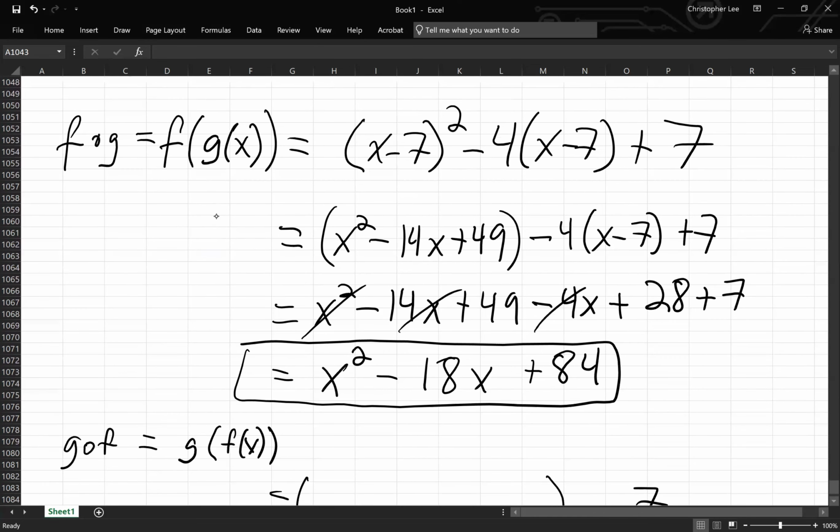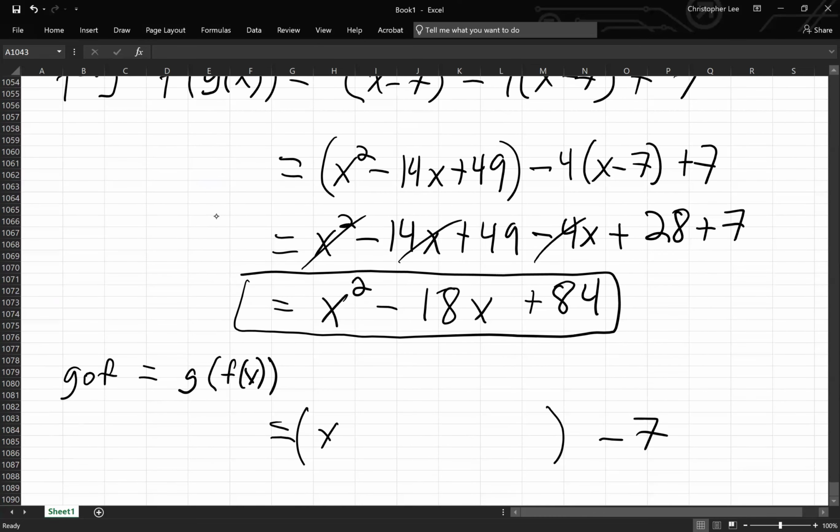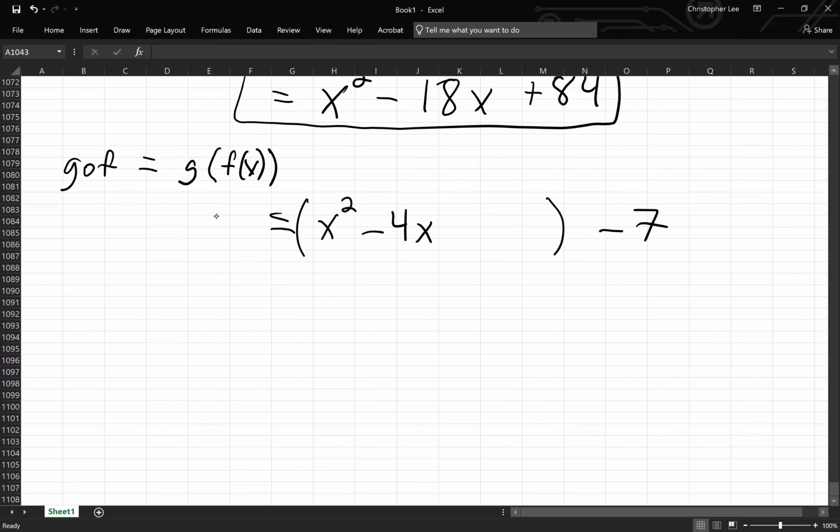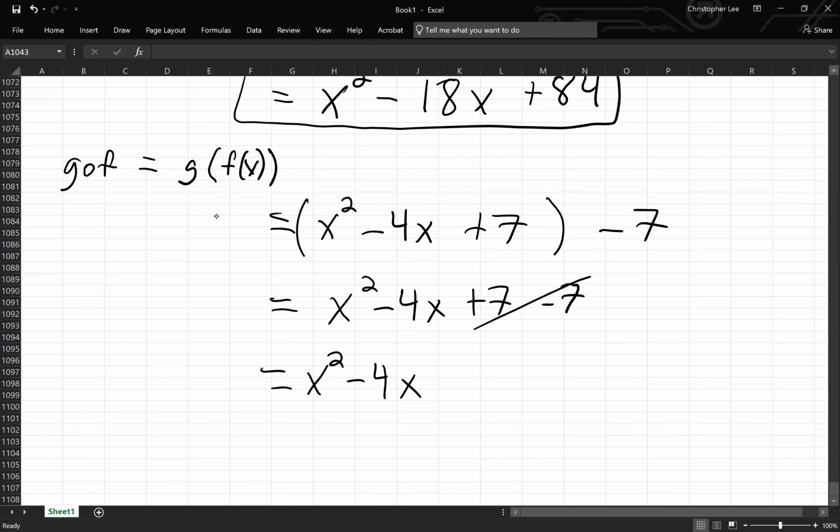And then x squared minus 4x plus 7, all right? Drop the parentheses. What do we have? We have x squared minus 4x plus 7 minus 7. These are going to cancel, so I have x squared minus 4x, and that's it.